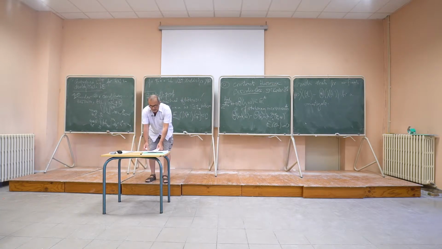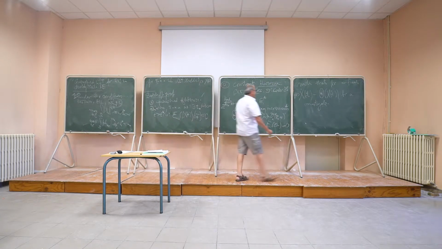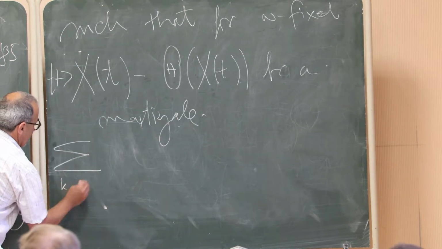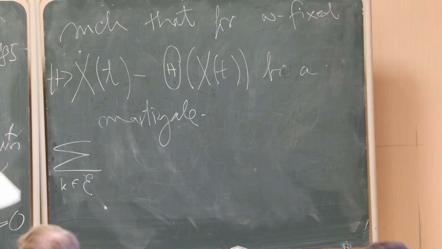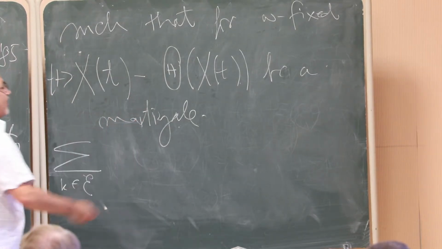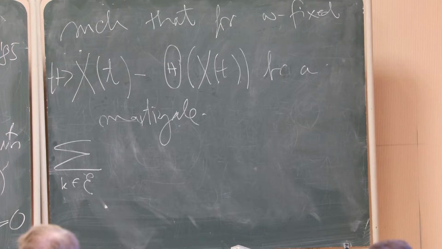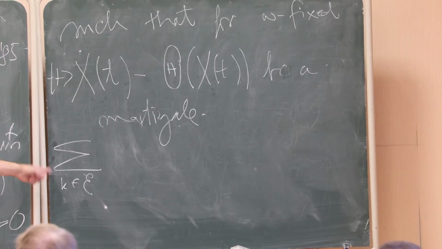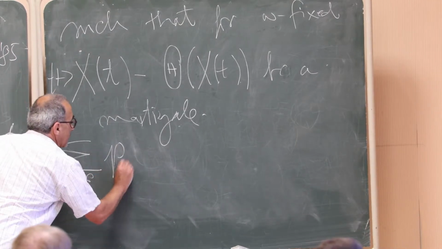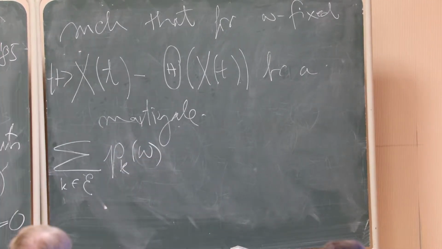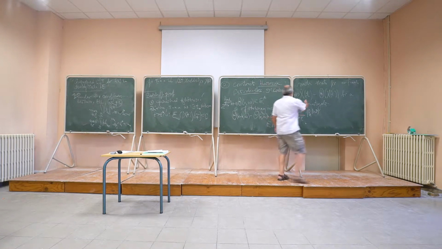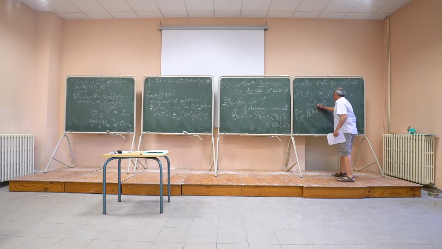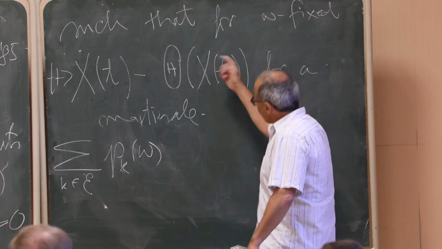The equation will mean the following: sum over k in nearest neighbors, if I am at site x, then I jump along the edge k with rate p_k of omega. That's the rate of jump, right? And I have an increment like this, and an increment coming from here. Let me revert them.